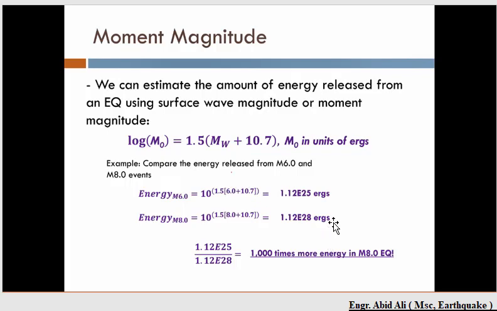To go from a magnitude 6 to magnitude 7 is 10 times. To go from a magnitude 7 to magnitude 8, we multiply that by 100 times. So 10 times 100, I get 1000, because it's a logarithmic scale. That's how they work.